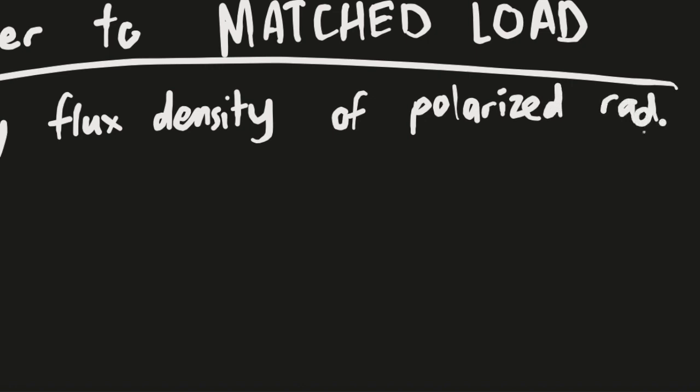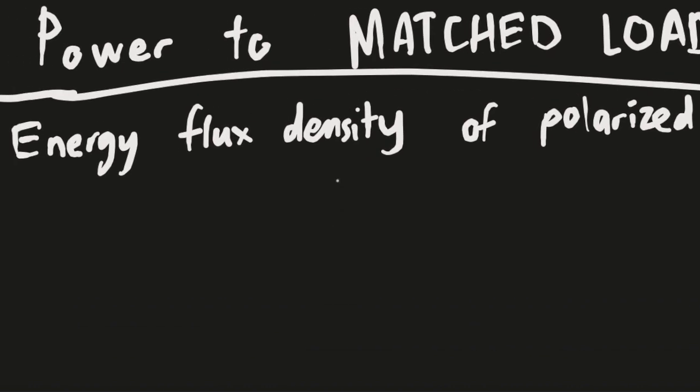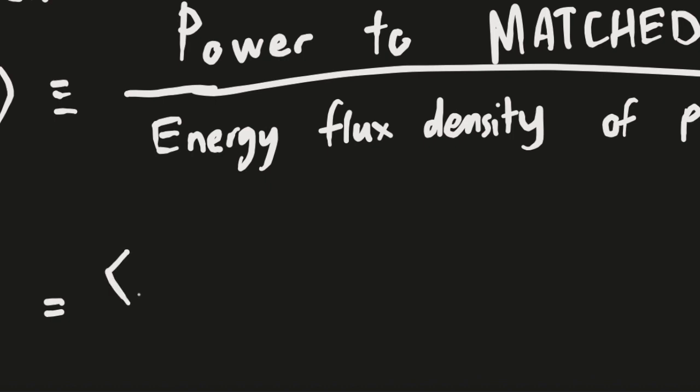So basically, for a given flux density, how much of this goes as power to my matched load? And this is also equivalent to.